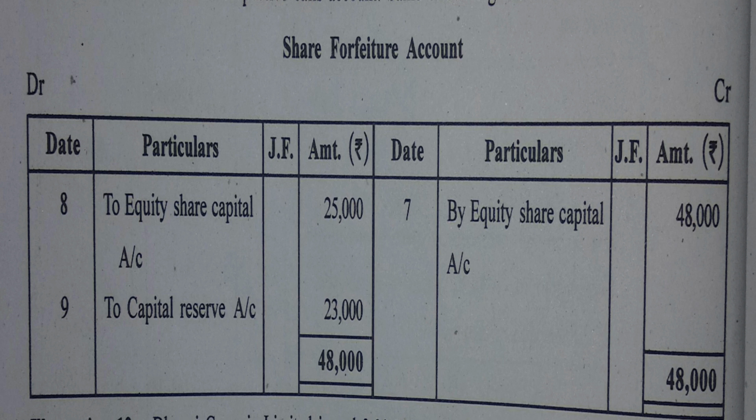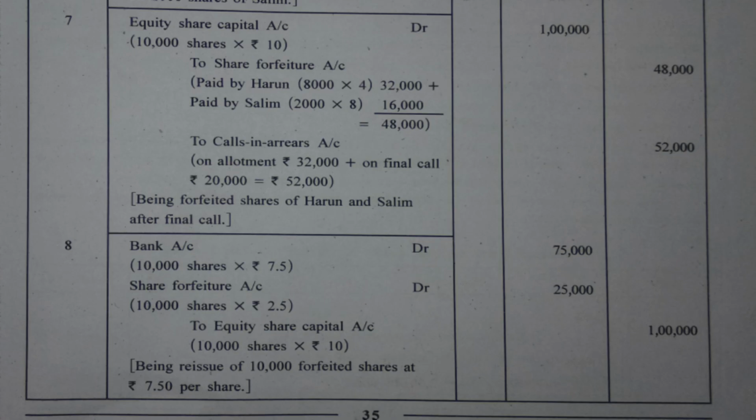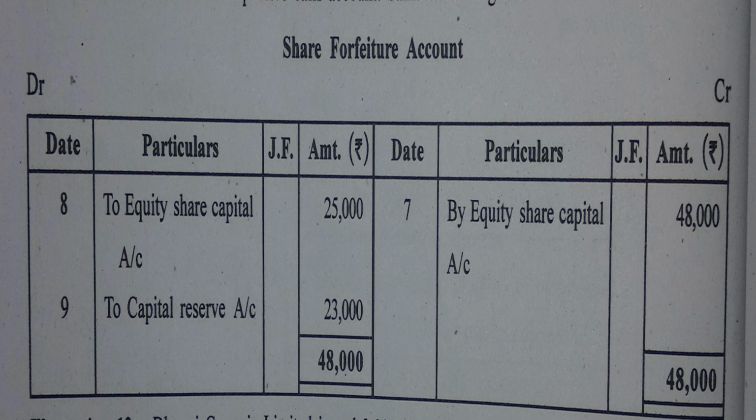So there are 3 journal entries, 7, 8 and 9. 7th journal entry, equity share capital account debit to share forfeiture account. So obviously you are writing by equity share capital account 48,000. Share forfeiture account it is, so amount of share forfeiture always, not the amount of equity share capital account. You should be aware of this.